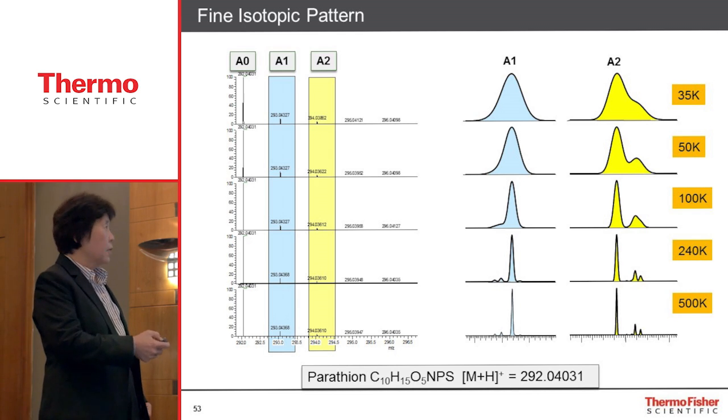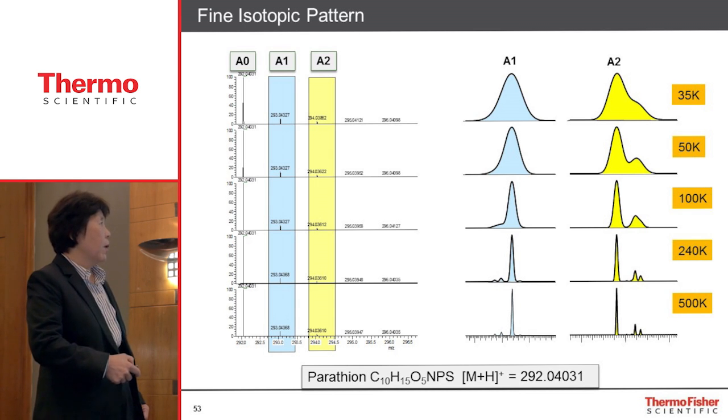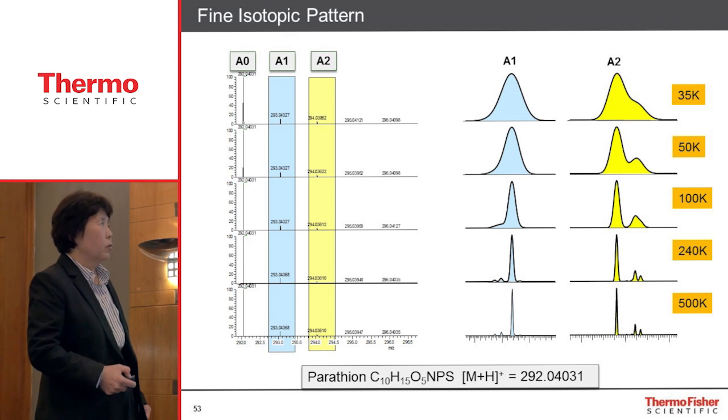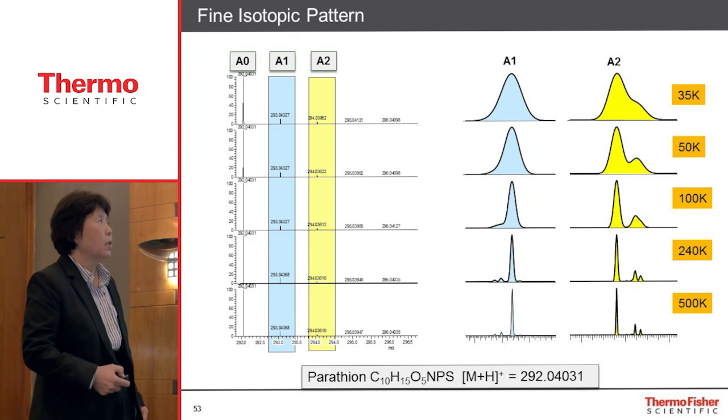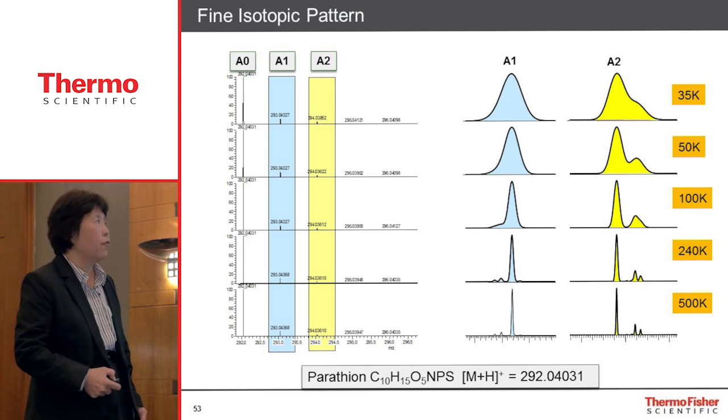So this is just an example. For this compound, pyrazine, we plot the isotope distribution under different resolutions, right? As we can see, only at 240K resolution you start to see all those fine fingerprints, right?